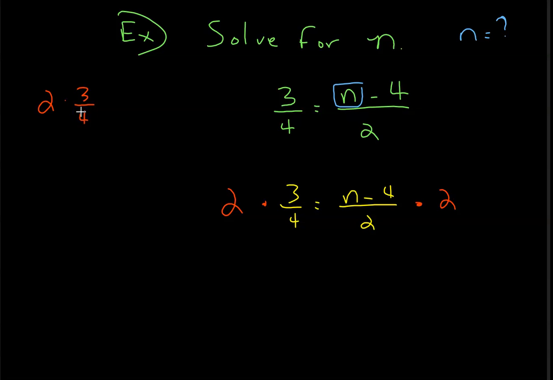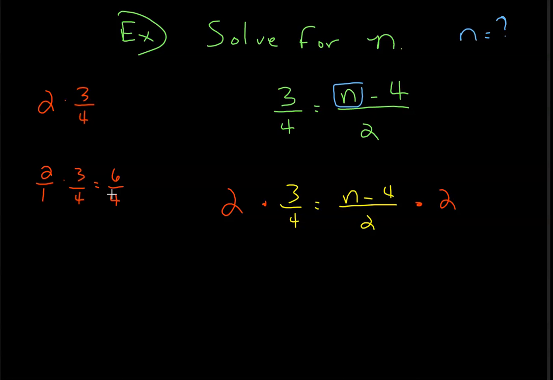You might ask yourself, does the 2 multiply into the numerator, or the denominator, or both? Let's think about what happens. If I gave you 2 times 3/4, that really means 2 over 1 times 3/4. So 2 times 3 gives you 6 in the numerator, and 1 times 4 gives you 4 in the denominator.